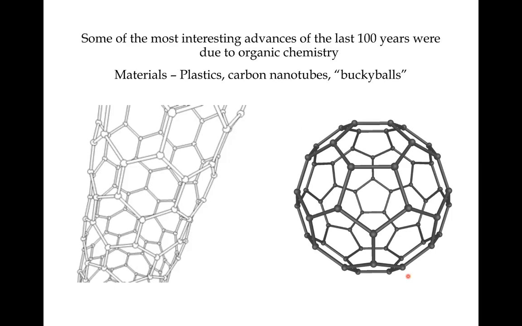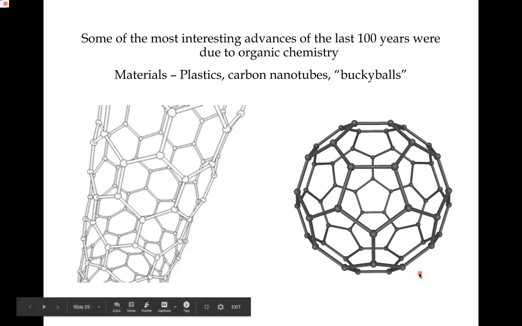Some plastic is pliable, some plastic is very rigid, some breaks, some bends. For those of you who like to mountain bike or road cycle, carbon fiber frames, all of these advances are made possible by the understanding of organic chemistry.